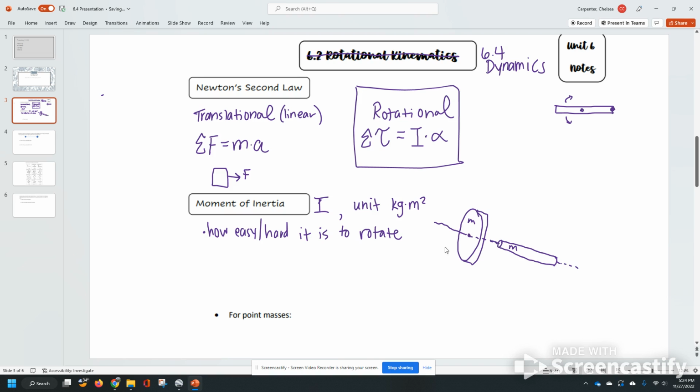If these two objects have the same mass, the object that has more mass further away from the axis is going to be harder to turn. So even if these two things have the same mass, let's say this is object A, the moment of inertia for A is going to be greater than object B.